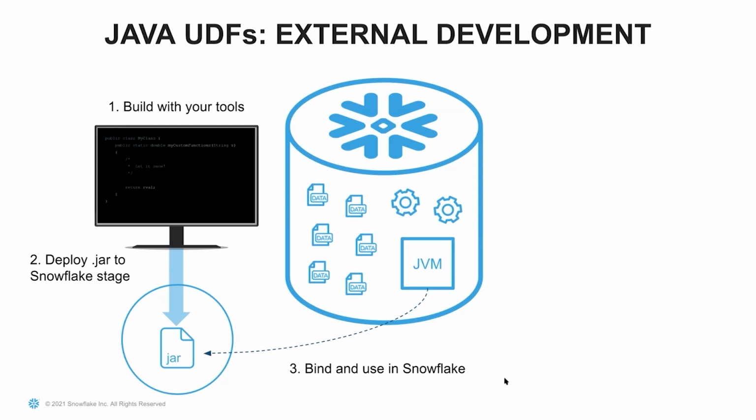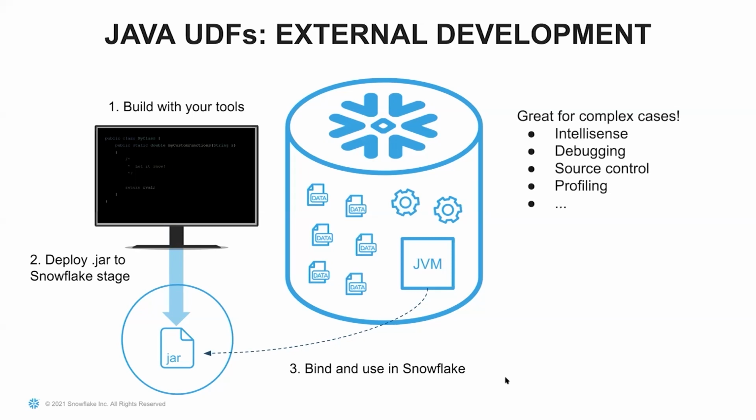Now, this method is super powerful, especially for complex code, right? So if you have complicated code that maybe is large, maybe you're reusing code from somewhere else. You want the kinds of tools that those external development environments give you, things like IntelliSense and debugging, the ability to check your code into source control and work with other people, things like profiling tools, right?